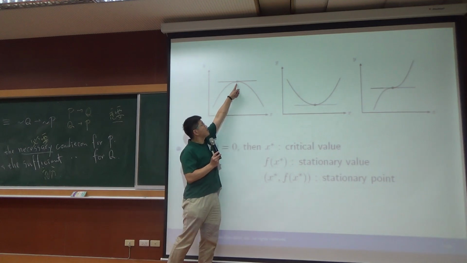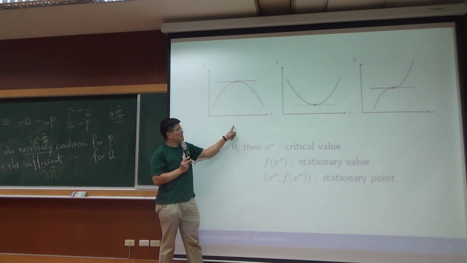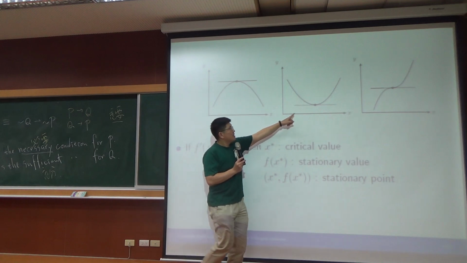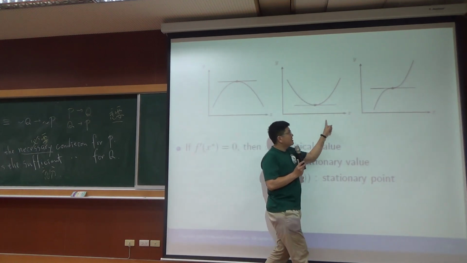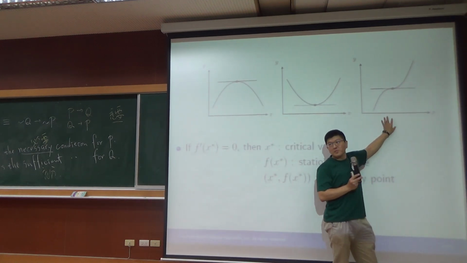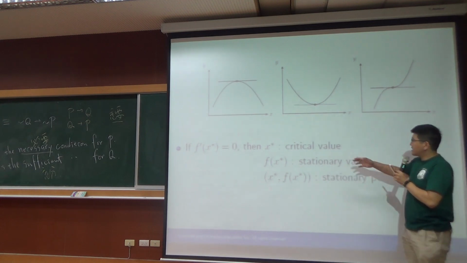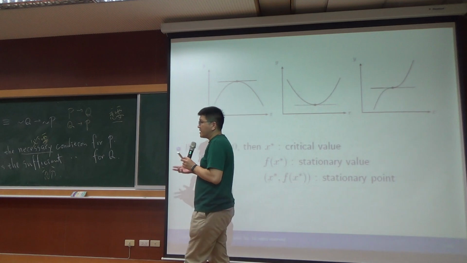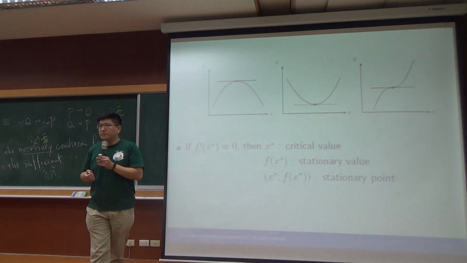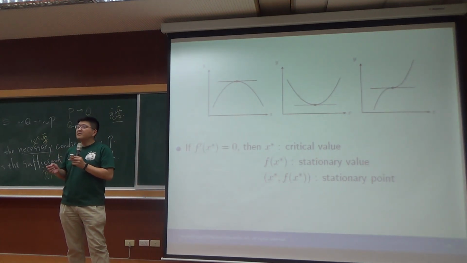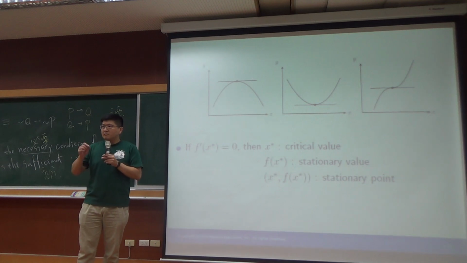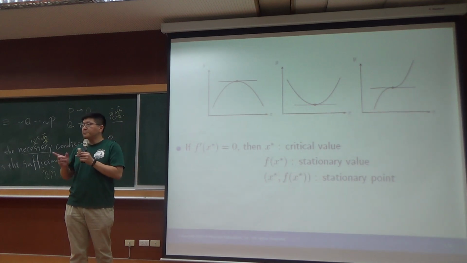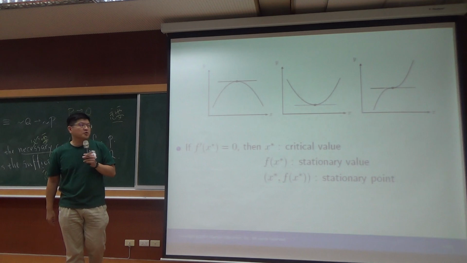So please correspond to here and denote it x star. We call this x star a critical value. So we want to find critical values and then check whether each corresponds to a maximum or minimum or inflection point.